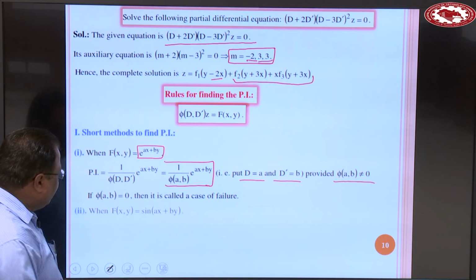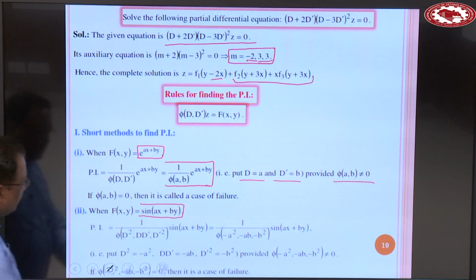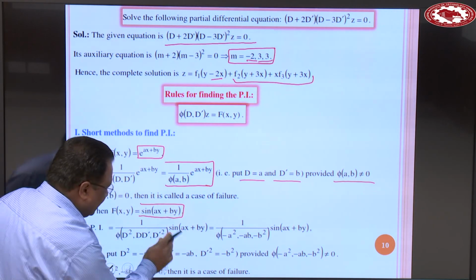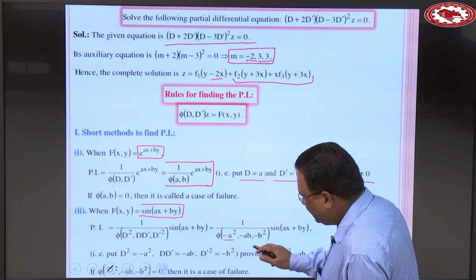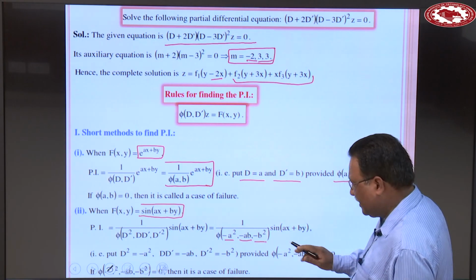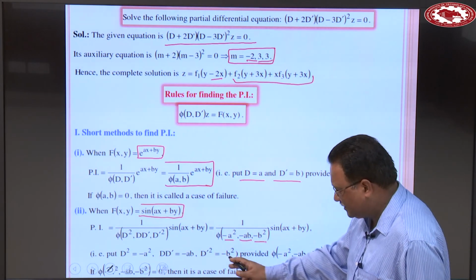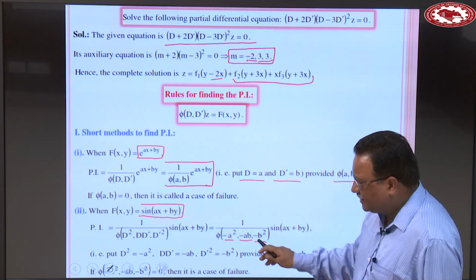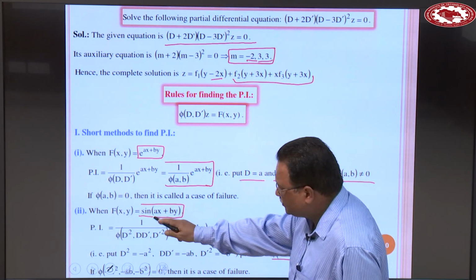Now, the second one is when f(x,y) is equal to sine ax plus by.